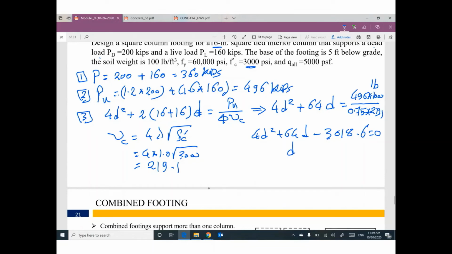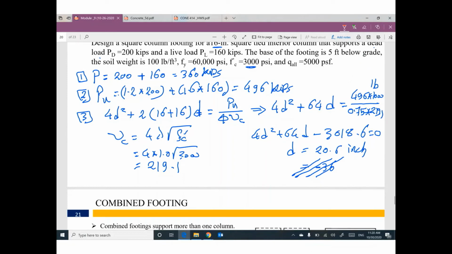It's a second order equation, I think I can solve it. The first solution will give you 20.6 inch, and the second solution will be negative 336. The negative is rejected. We don't have a negative depth. So I believe a depth of 20.6 will be good.